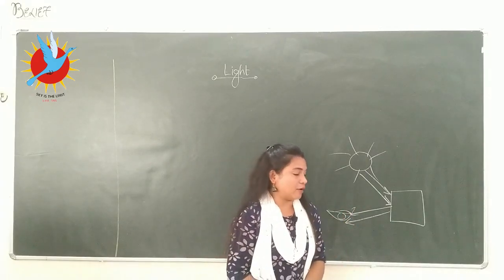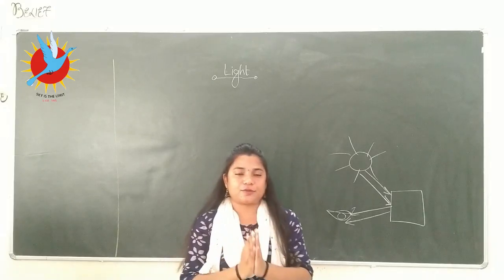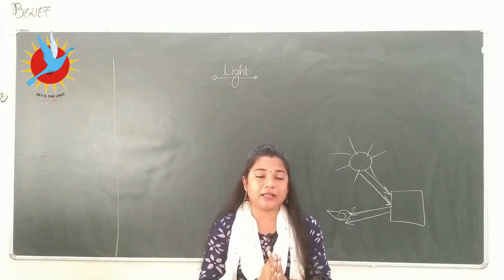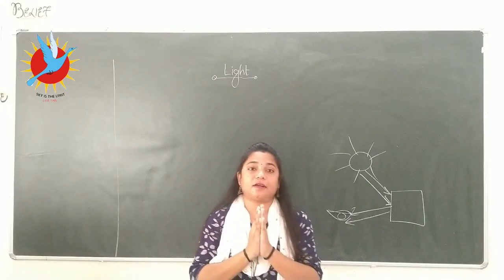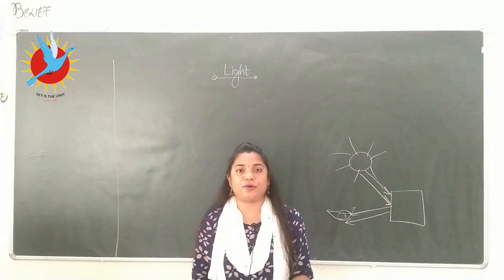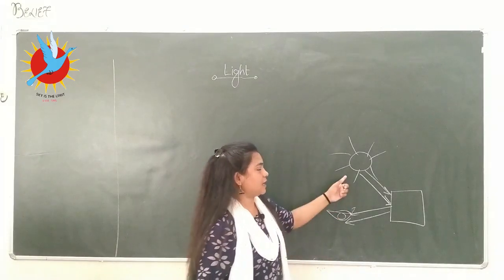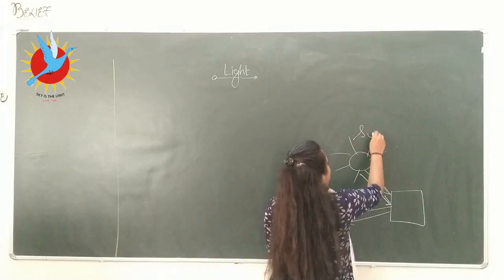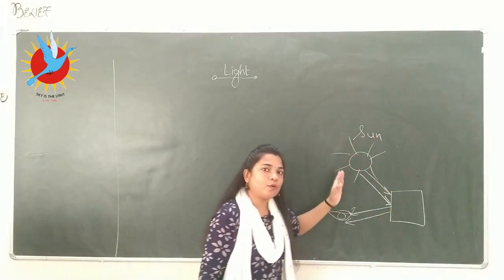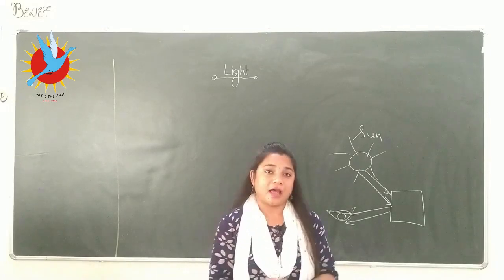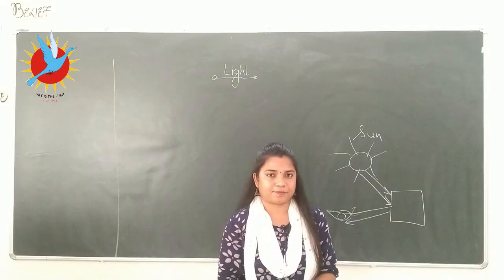Okay, now students, the objects that have their own light or give light on their own are known as luminous objects, such as the sun. The sun has its own light. Also the stars have their own light.